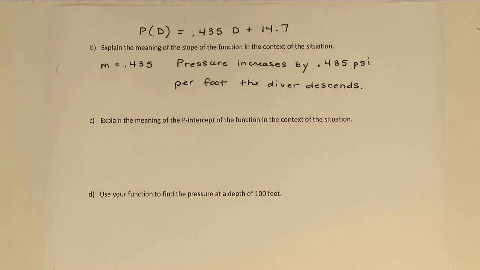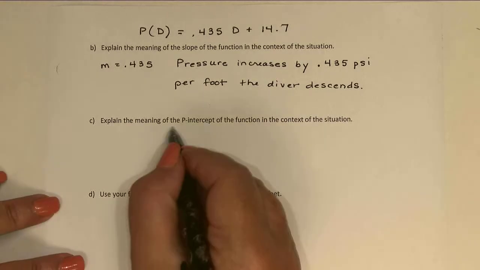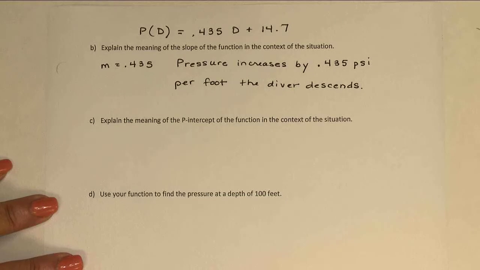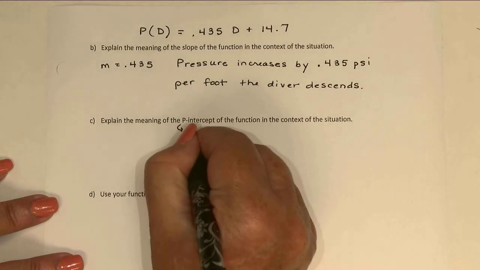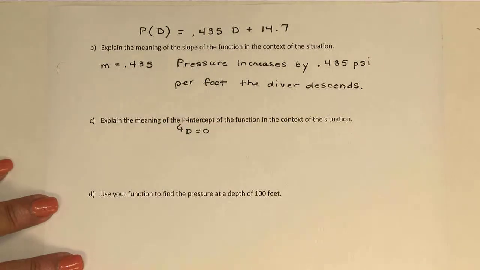Again, notice that that statement can be read independently of the problem, and it makes sense. Even if people didn't see the original problem, that sentence is sensible. It would make sense to somebody. All right, the P-intercept. This is the one that I can actually grab right out of the table, but I'll remind you also that if I want the P-intercept, that means the opposite variable, d, is equal to 0.